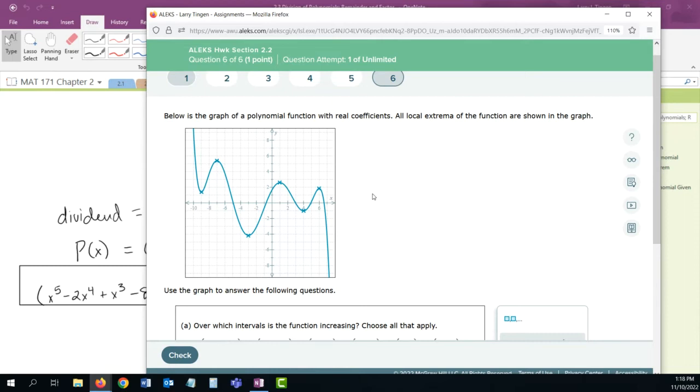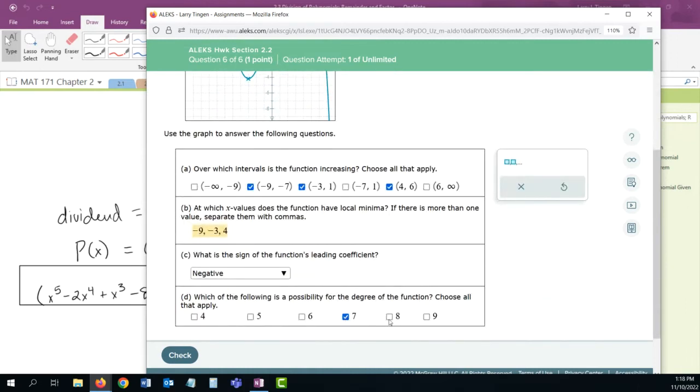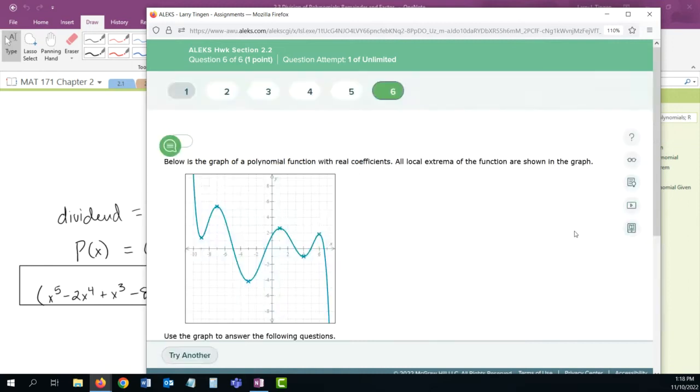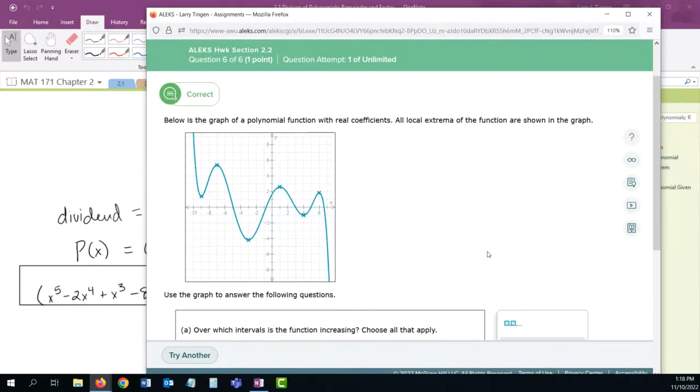So this function changes direction 6 times. That means this must be a 7th degree polynomial or more. So I'm going to do 7 and 9. So 7 or 9.